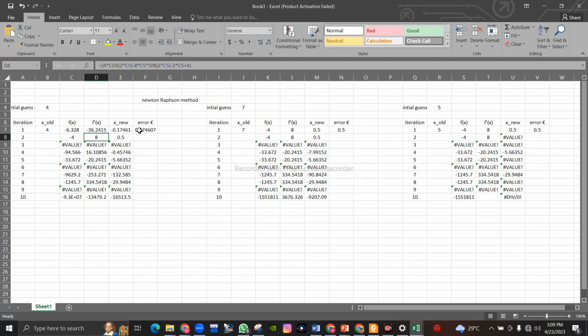This is our new x1. You can compare it with the previous one. Our new x1 is not this. The mistake is somewhere. Our new x1 should be this. Okay, our new x1 too will change.